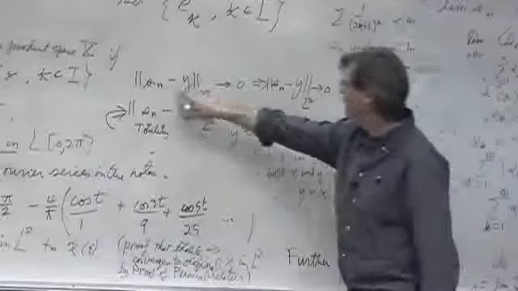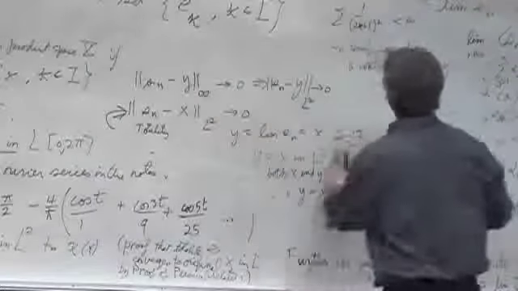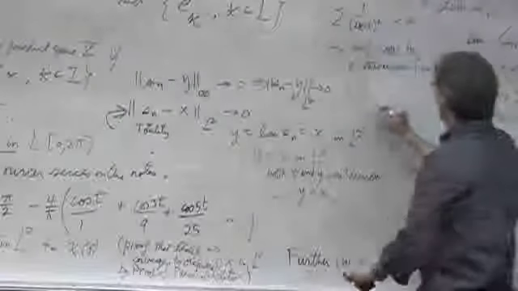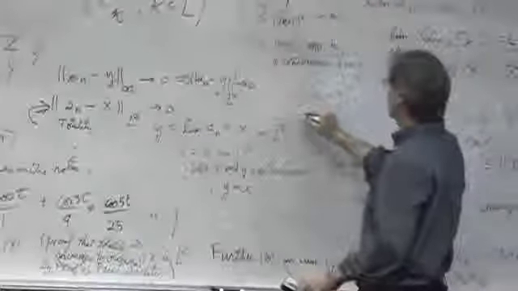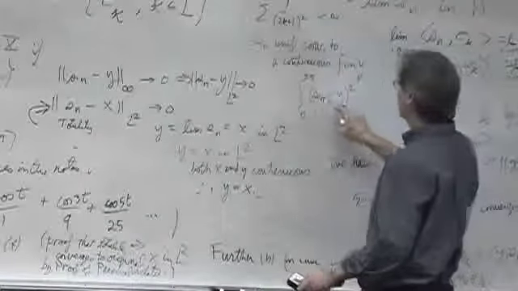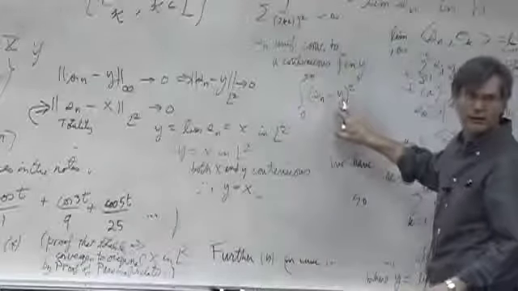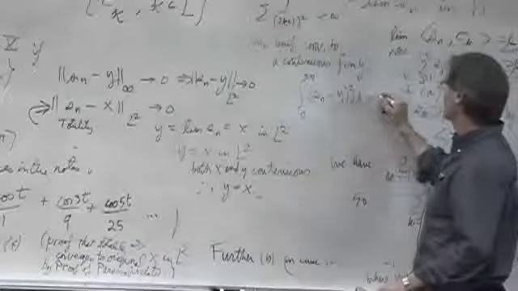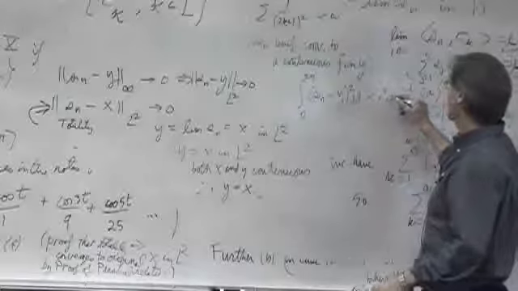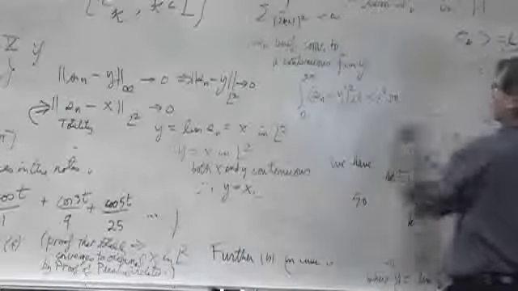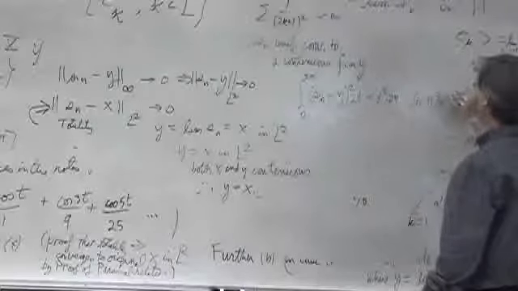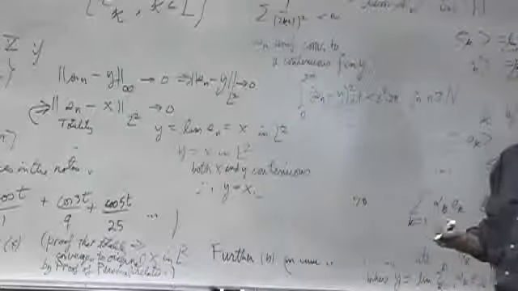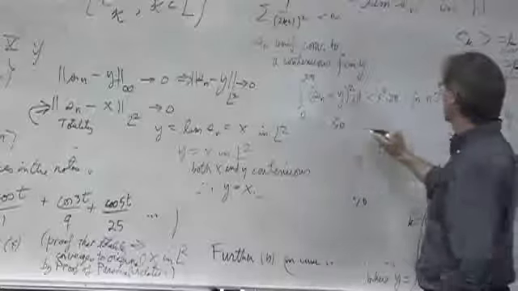Okay, but if I have uniform convergence, then if I take the integral of Sn minus y, squared, from 0 to 2 pi, since this is less than epsilon uniformly, this will be less than epsilon squared times 2 pi, for n greater than or equal to capital N sub epsilon, by uniform convergence.